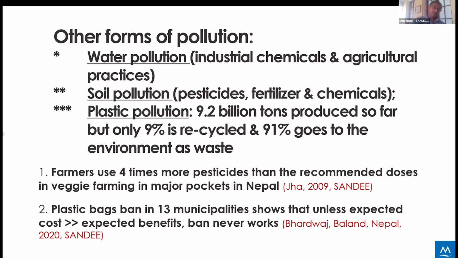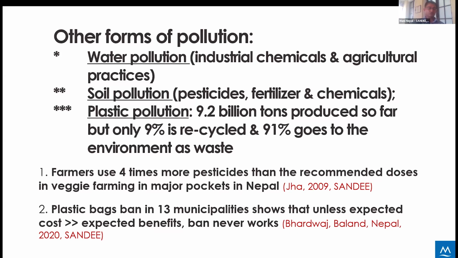And actually, to understand pesticides used in farming, a few years back we did our research in Nepal, and what the researchers found is that farmers are actually using 4 times more pesticides than recommended doses, because they think that if you put more pesticides, you reduce the loss.